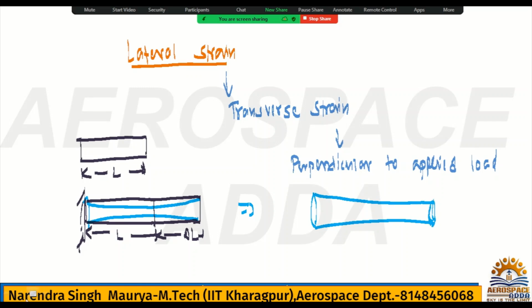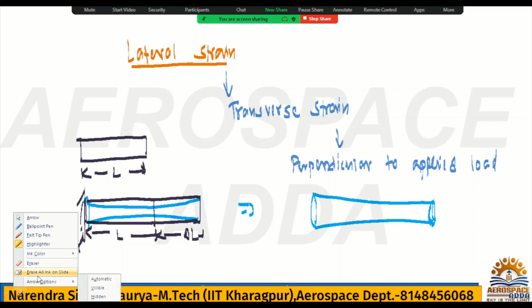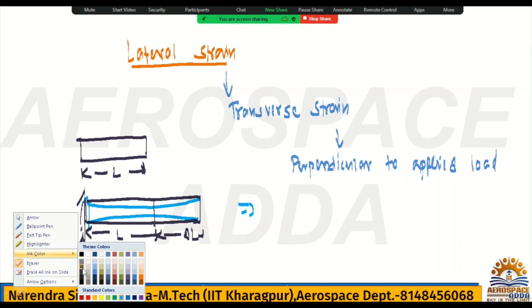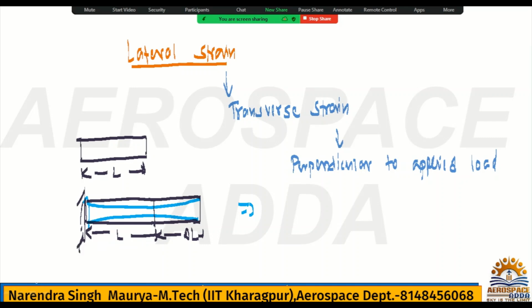If you concentrate here, what will you get? The load is acting axially, and it's a tensile load, so obviously the length will be increasing, something like this.